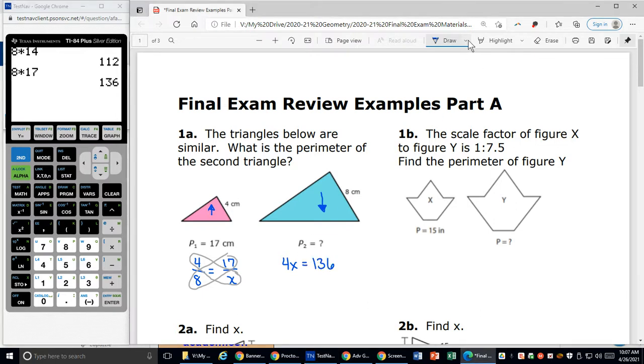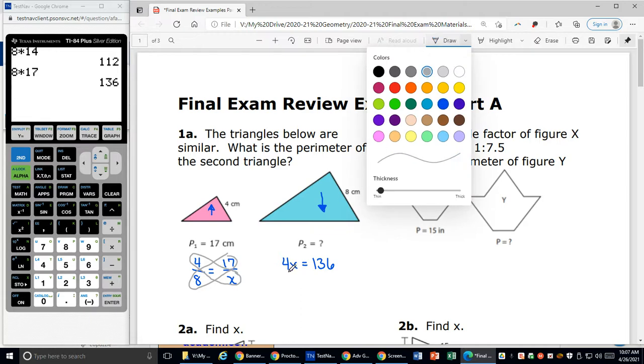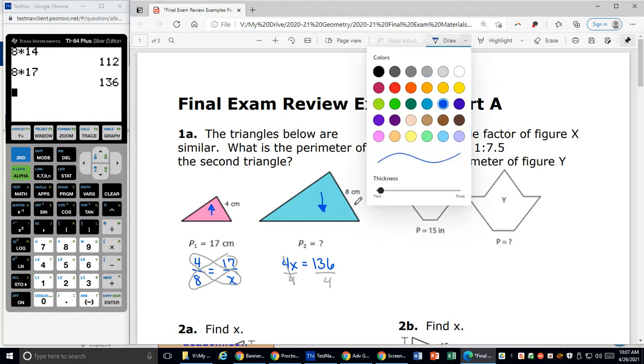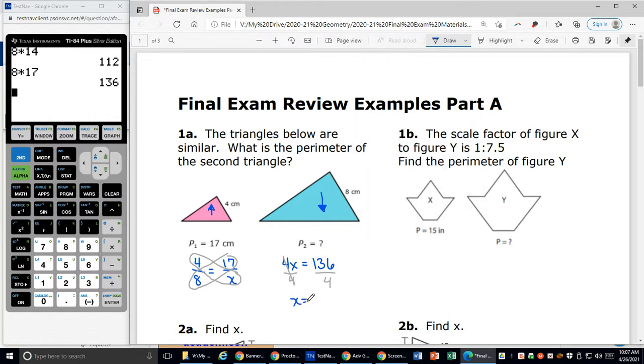Then I'm going to divide both sides by 4. And I can see that I'm going to get an x value that equals 136 divided by 4, which is 34. So that is my perimeter for the second triangle.